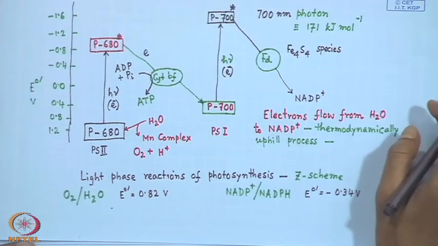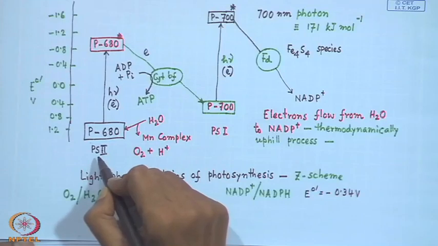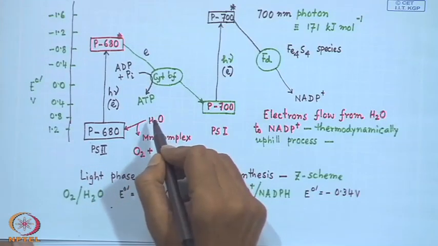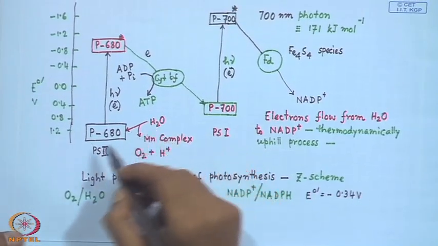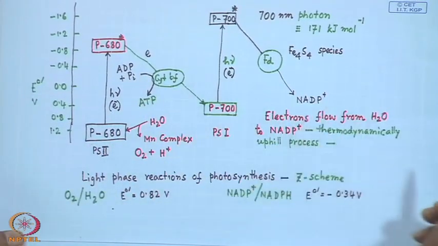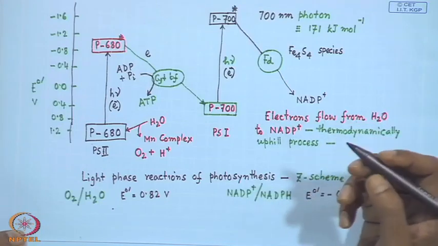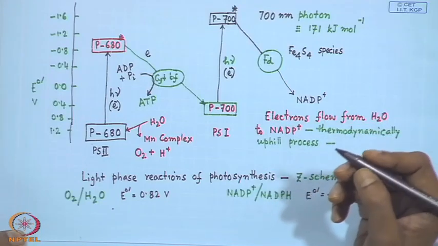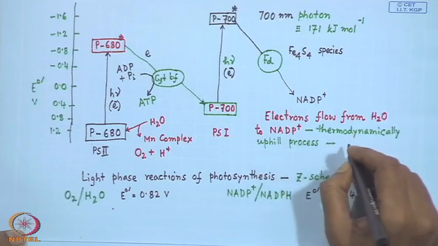Photo excitation is responsible for making the electron flow from here, where we get the water oxidation and a large amount of electrons. Those electrons are ultimately transferred to NADP plus, and that NADPH is ultimately reacting with the carbon dioxide molecule, and carbon dioxide is converted to glucose.